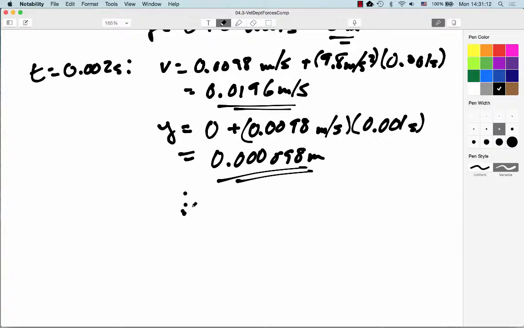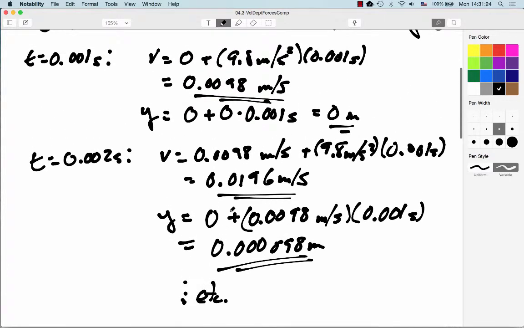And you repeat this forever, or at least until you get what you need. So I think you can see, though, just from looking at t equals 1,000th of a second, it makes no sense for it to be moving but to have not moved.